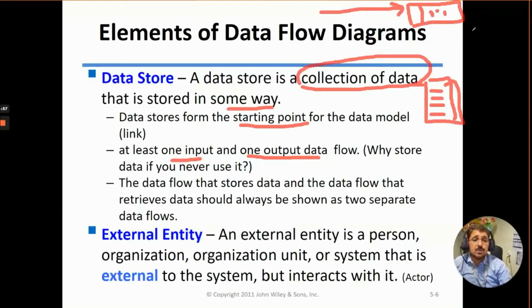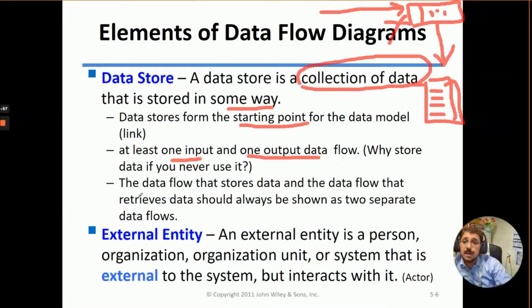Meaning to say the data cannot be stored without something coming to it. Another point: if we are storing a lot of information, why are we storing it? We should use it, and you can use it only if something comes out of it. If no information comes out to us, then why are we storing it? It is again useless. So there should be data flow to the store and from the store.